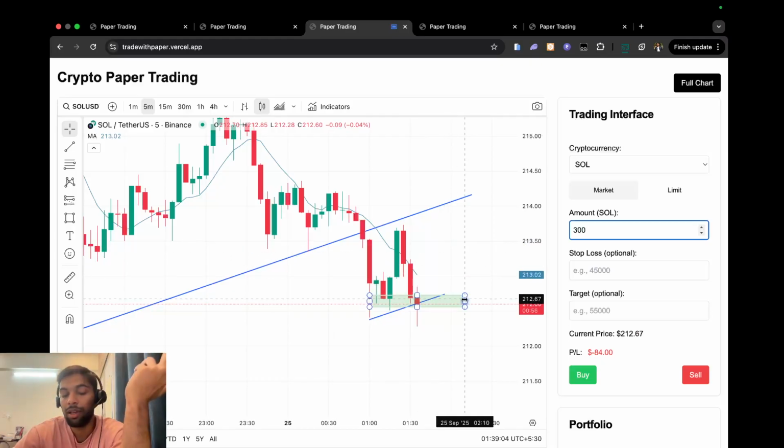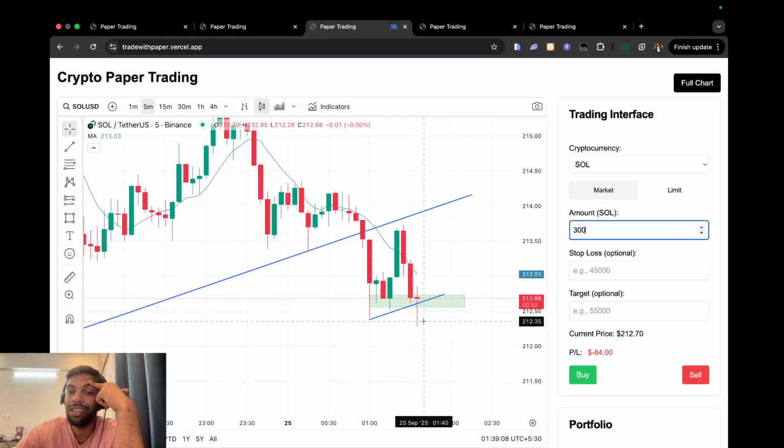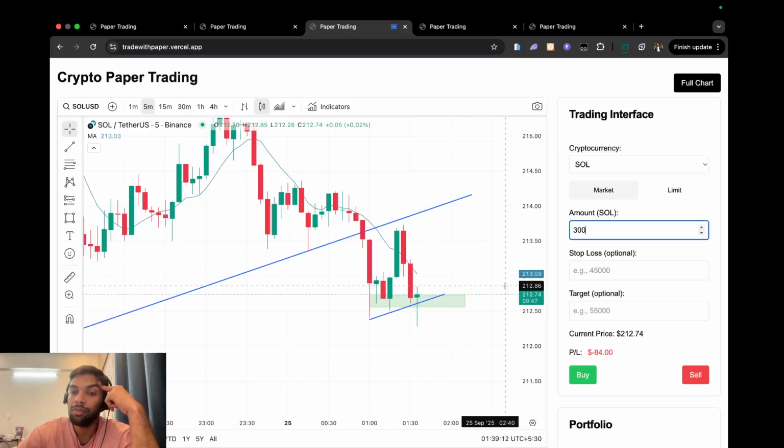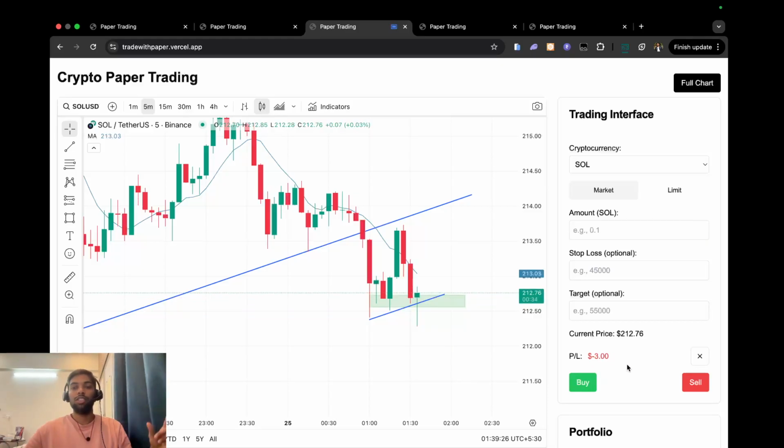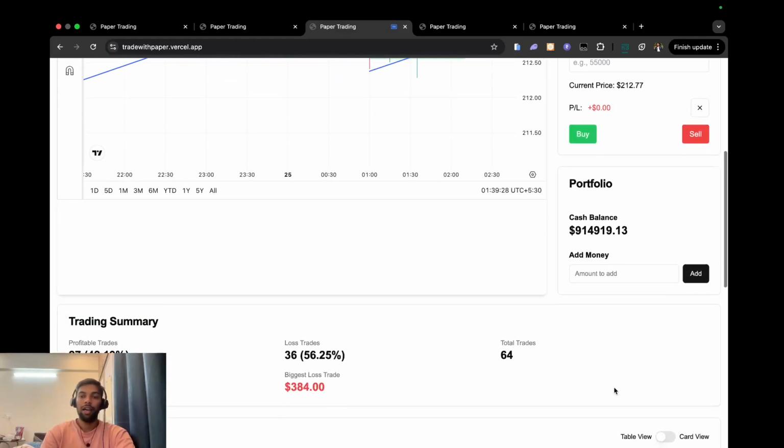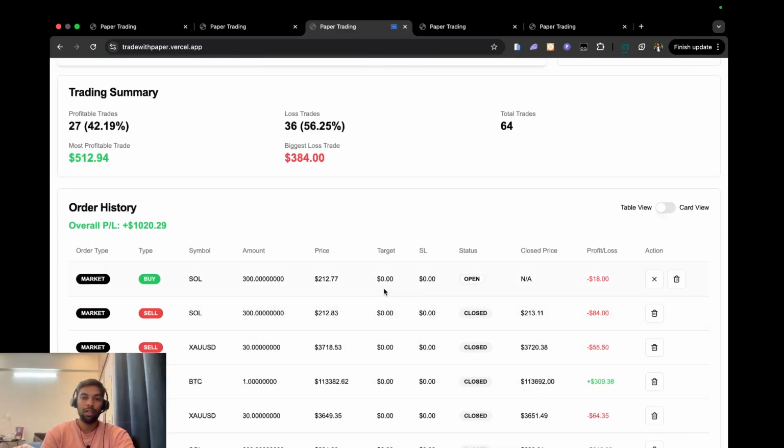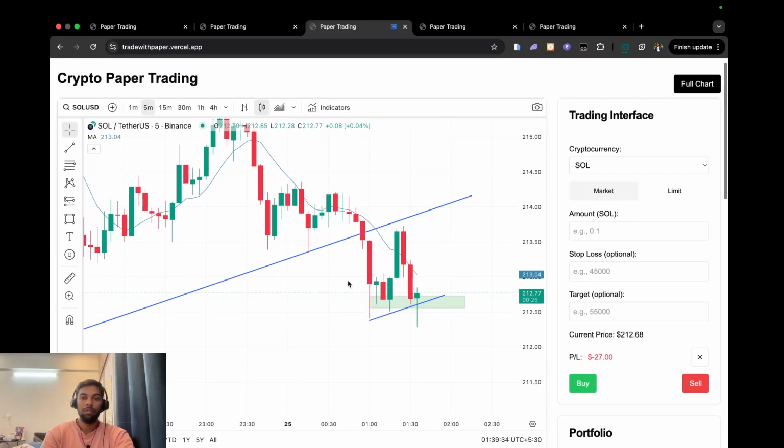My original opinion is to go down, but I'm a bit interested in how this candle will close, and it is closing in. So guys, I am on the buying side. I just took the trade, and the trade I took is at 212.77, a reversal trade.